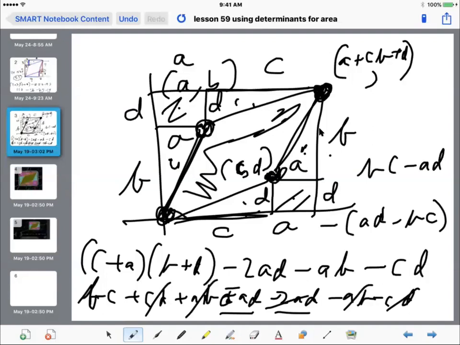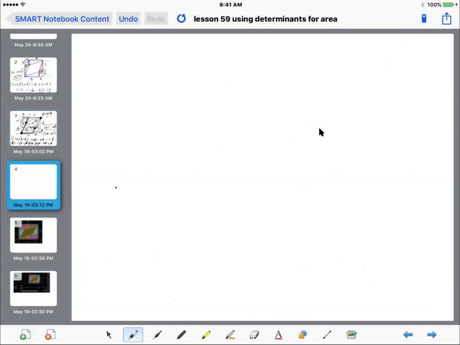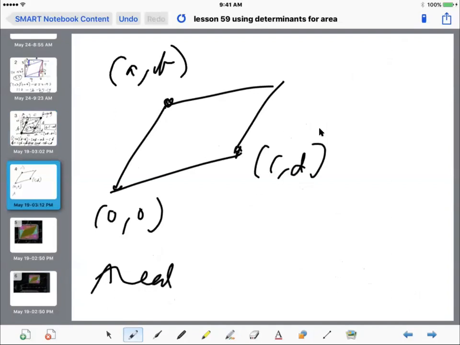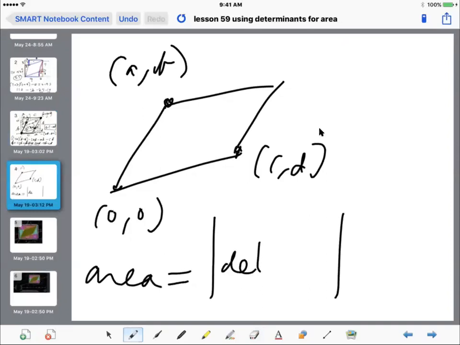So it turns out that the area of the parallelogram that has 0, 0 as one of its corners is the absolute value of the determinant.